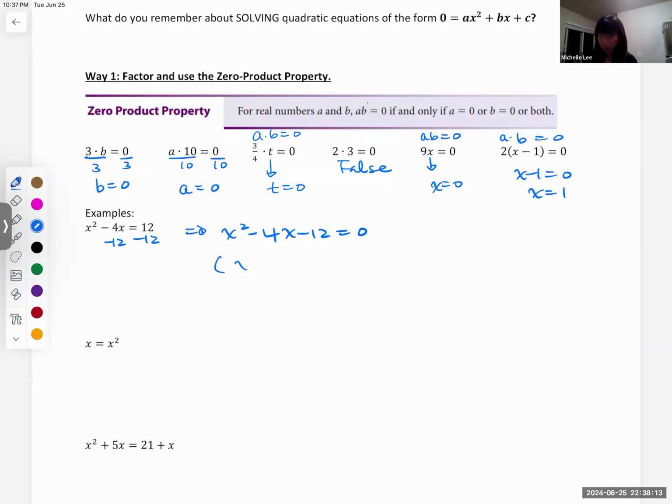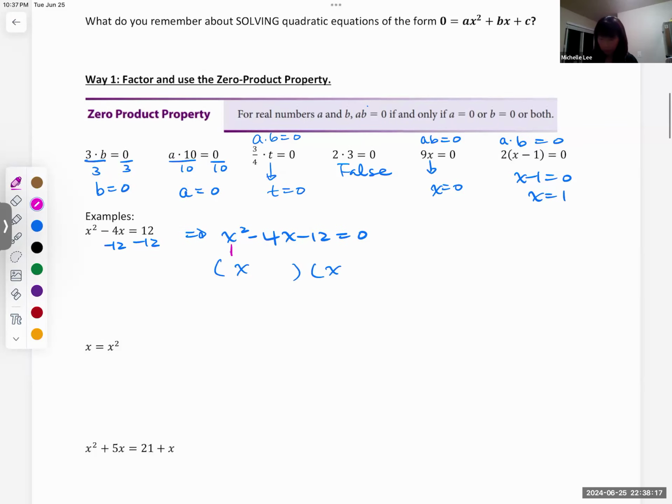So we have x times x to make x squared. And we need to think: two numbers that multiply to get negative 12. At the same time, we add the numbers to get negative 4.